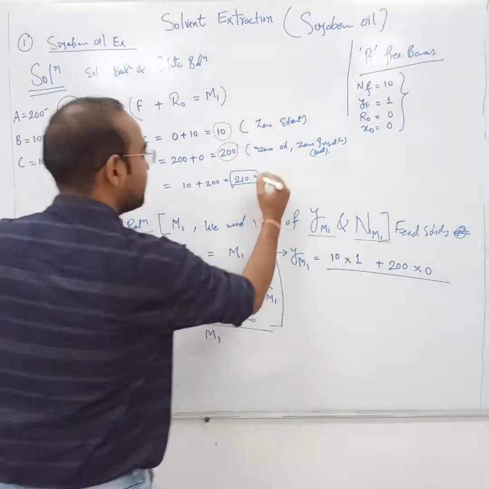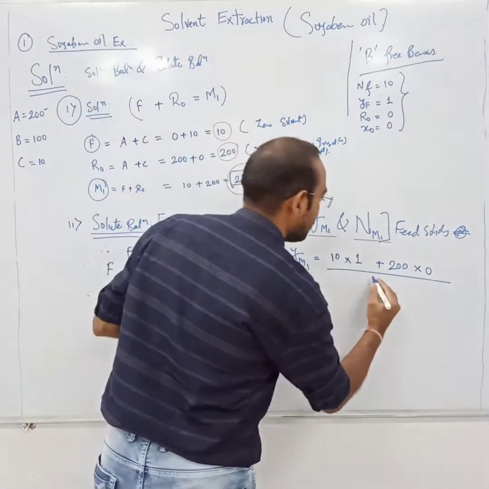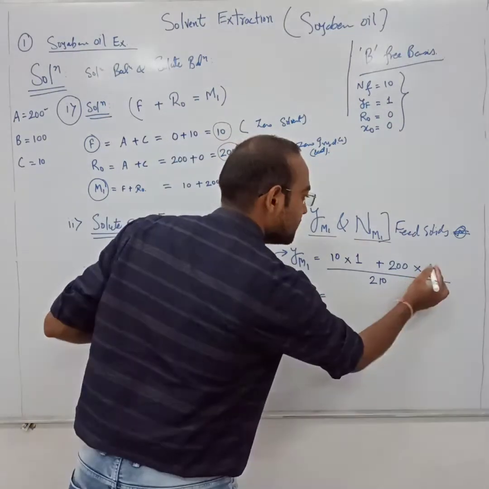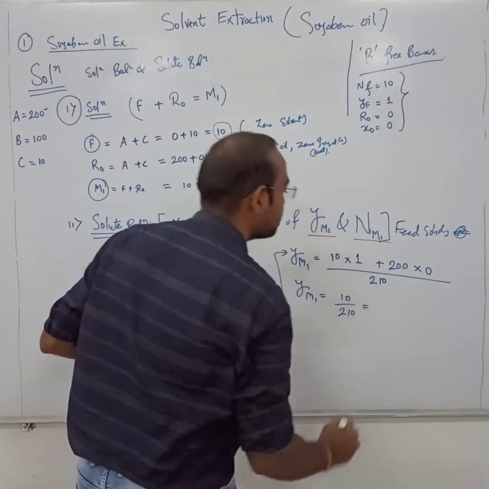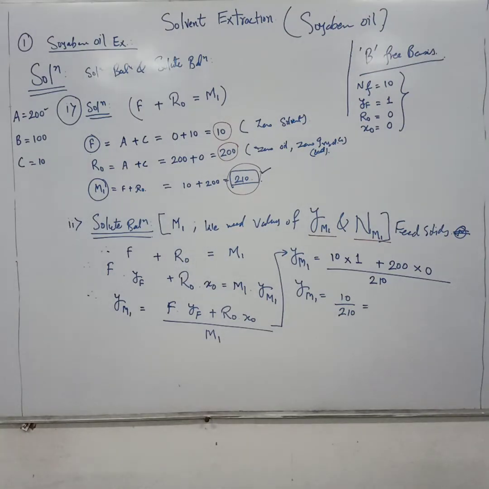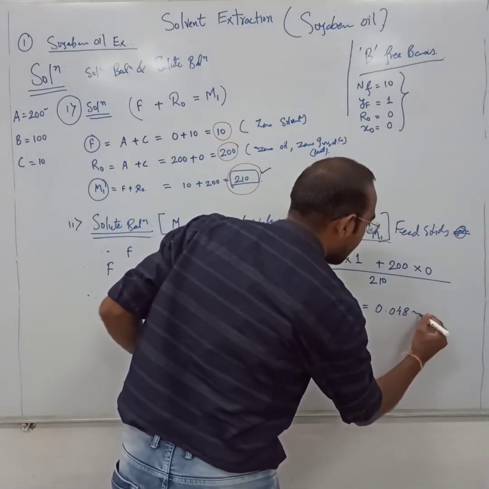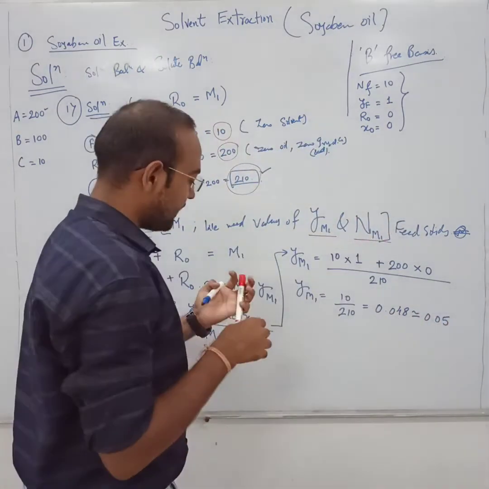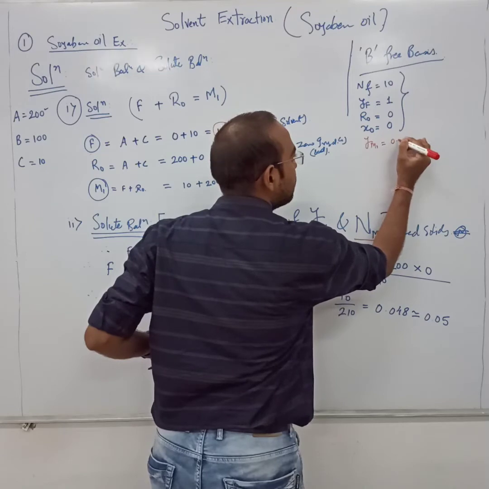We already have the value of M1, that is 210. So YM1 equals, this part becomes completely 0, 10 by 210, and when you solve it, 10 by 210 becomes 0.048, approximately, we say it is 0.05. So we get another value, that is YM1 is 0.05.